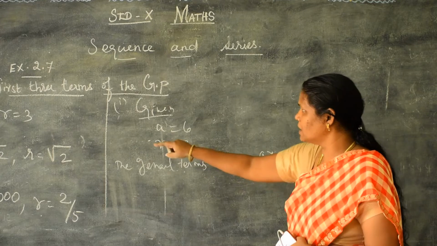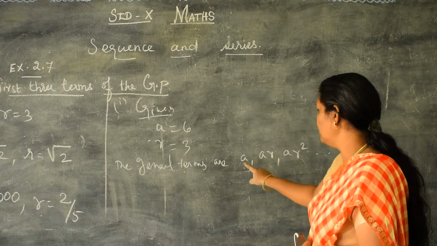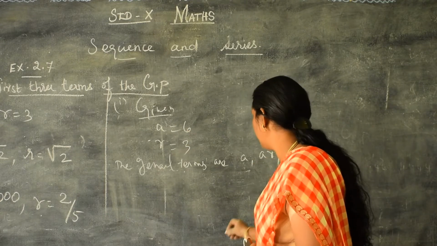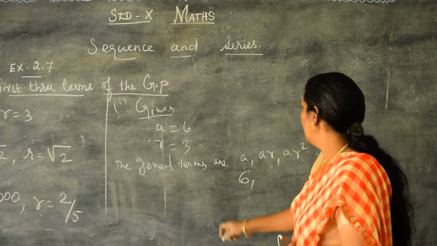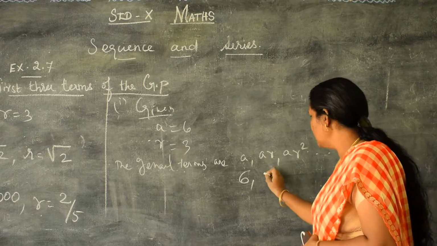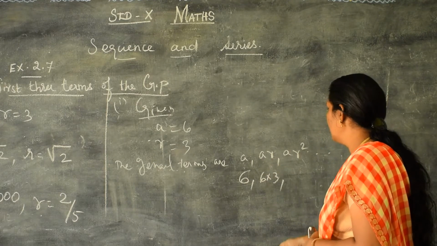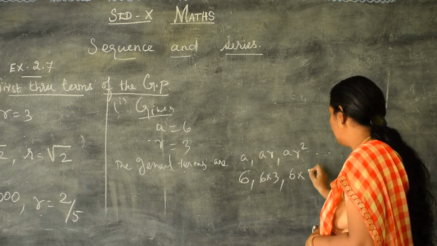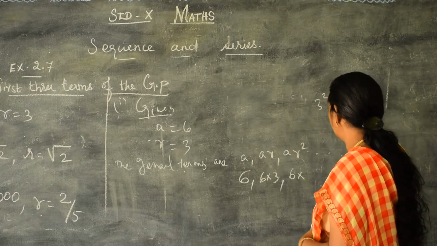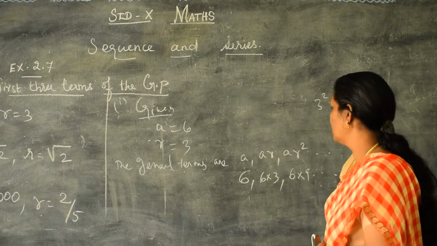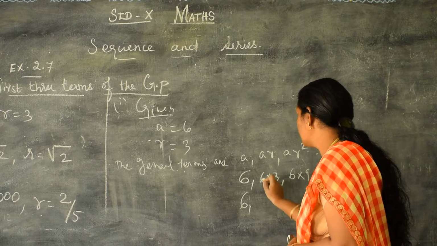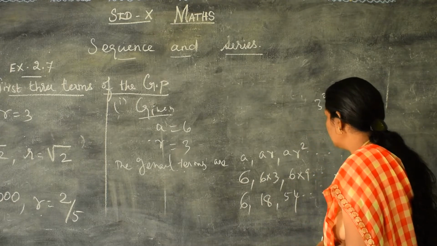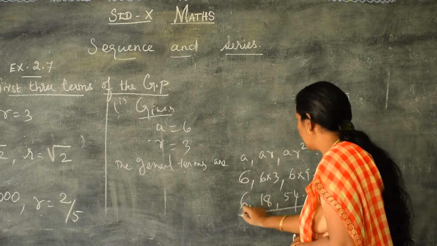Before itself I said the general terms in GP are in the form A, AR, AR square. So A means your first term, that is 6. And here A into R means 6 into 3. Here 6 into R squared. R squared means 3 square. 3 square means what? That is 9. Isn't it? And so on. So 6 3s are 18, 6 9s are 54 and so on. So this is your answer.